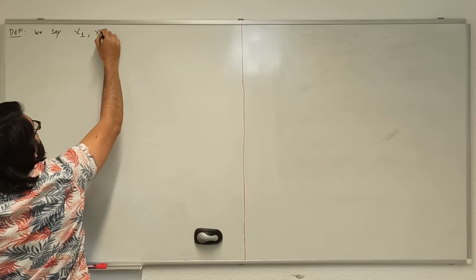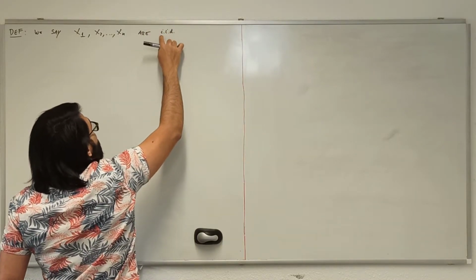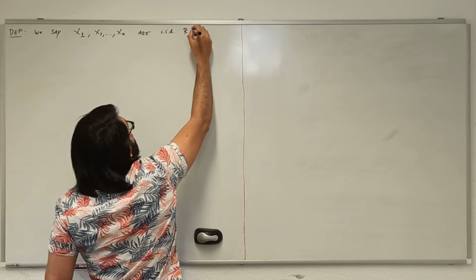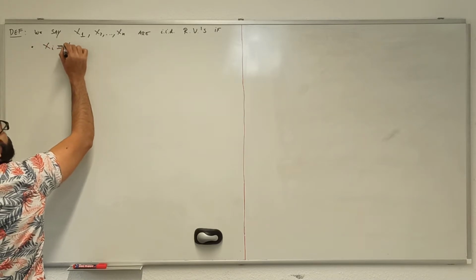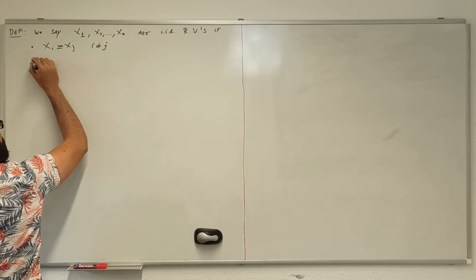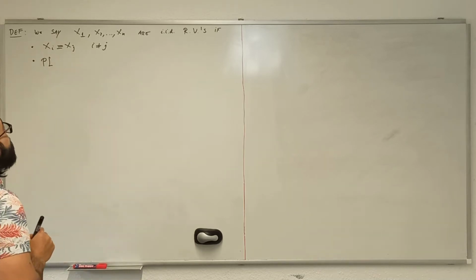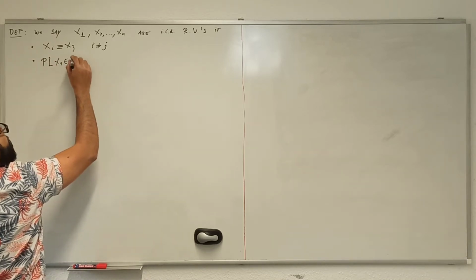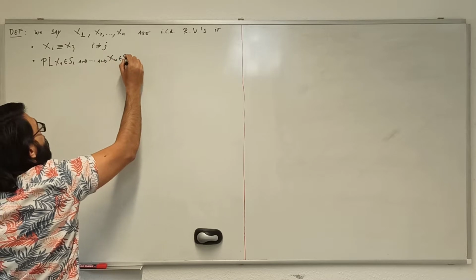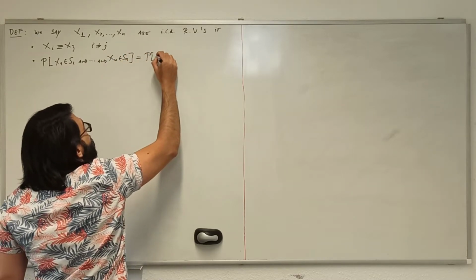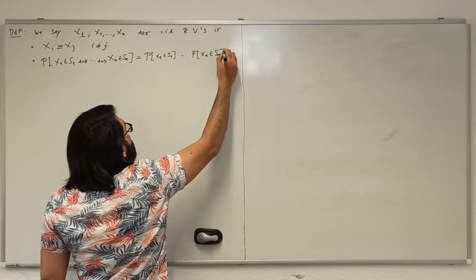So we say that x1 and x2 up to xn are IID, which means independent and identically distributed random variables, if they have the same distribution, and they're independent in the sense that the probability of x1 belonging to a certain set S1 and so on up to xn belonging to a certain set Sn is just the product of the probabilities.